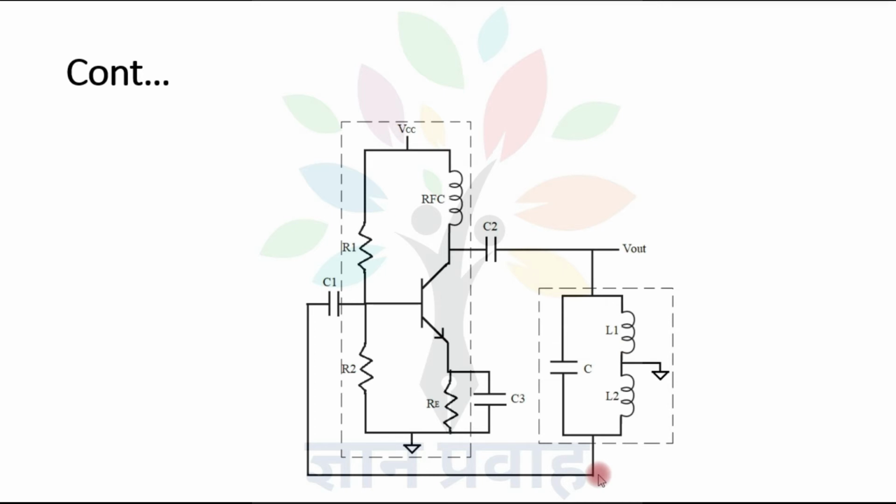So for sustained oscillations, 360-degree phase shift must be there. So 180-degree phase shift is provided by this amplifier, and here we get 360-degree phase shift. It means we get sustained oscillations at the output of this circuit.